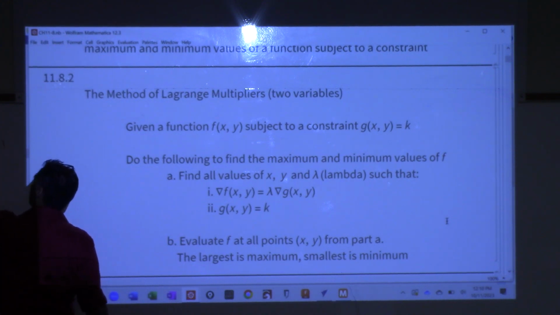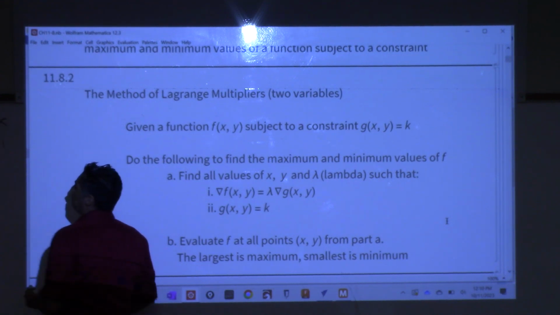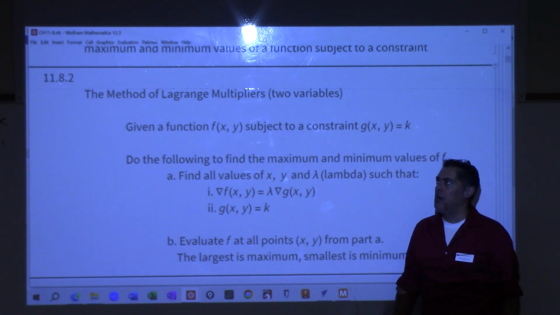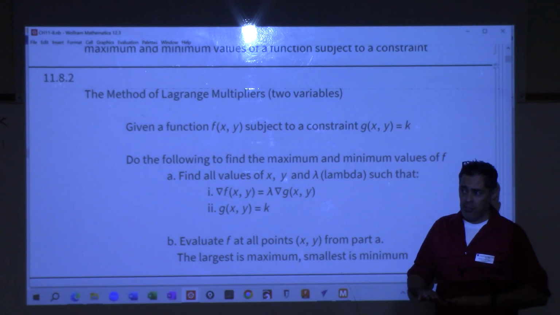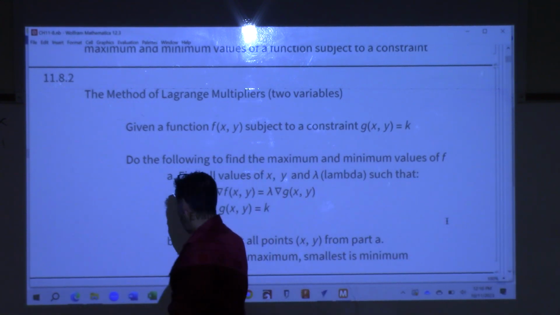Do you see that I write g of x, y equals a constant? What does x squared plus y squared equals 1 look like? It's a circle in two-dimensional space. In three-dimensional space, it's a cylinder.